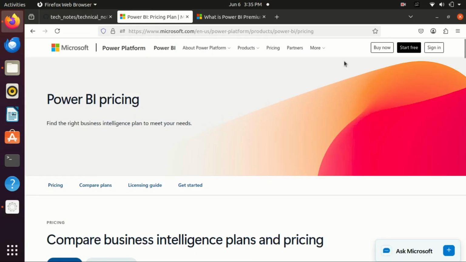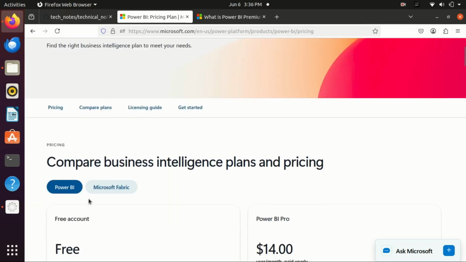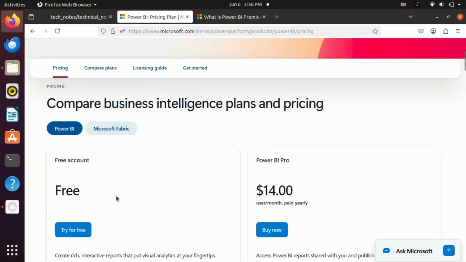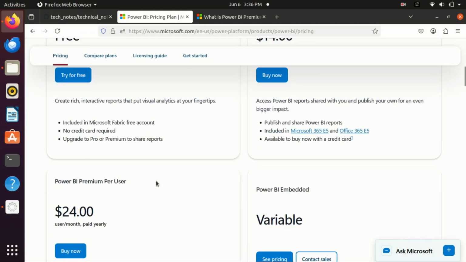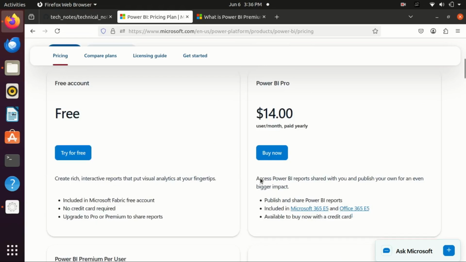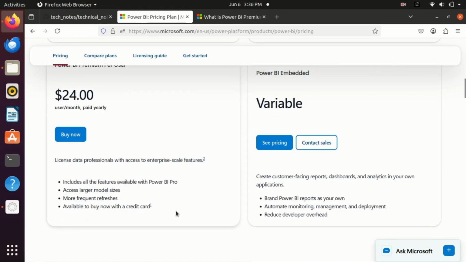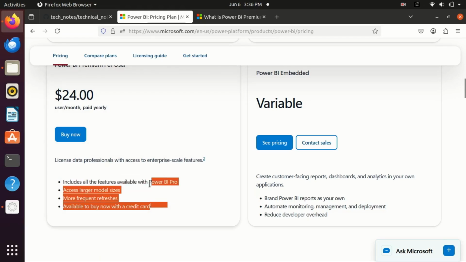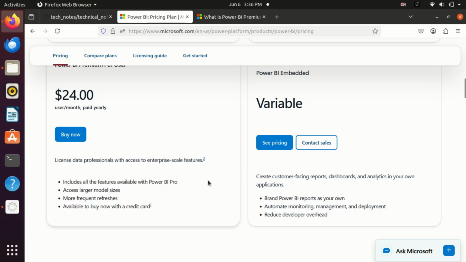Now coming to the licensing at the individual user level, we have Premium per user. The Premium per user, or PPU, is useful when you need advanced capabilities of Power BI, like high refresh frequencies, XMLA endpoint, and advanced semantic model capabilities.